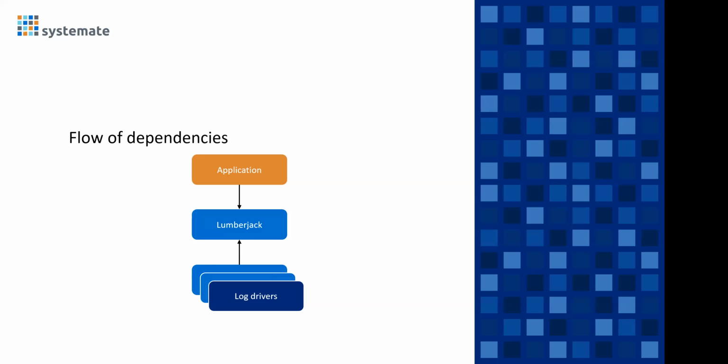Well, we have a way of making as few parts of your code depend directly on Lumberjack as possible, and we'll also get into that a bit later. But this is what we want to have in a plugin-based architecture. Dependencies are pointing inwards towards Lumberjack, and no dependencies pointing outwards, with the exception of Angular, of course, since this is a logging library specifically for Angular.